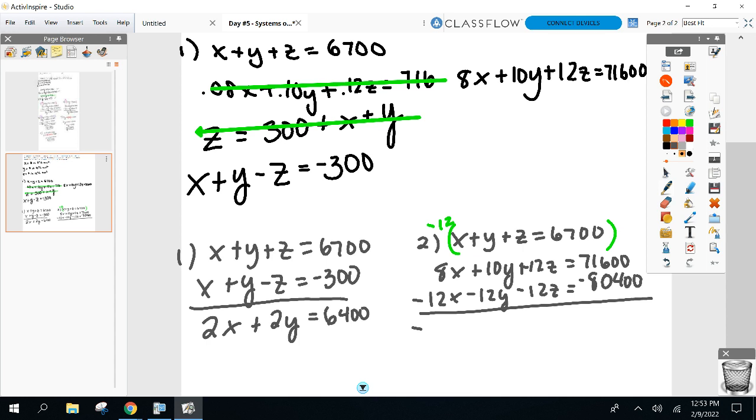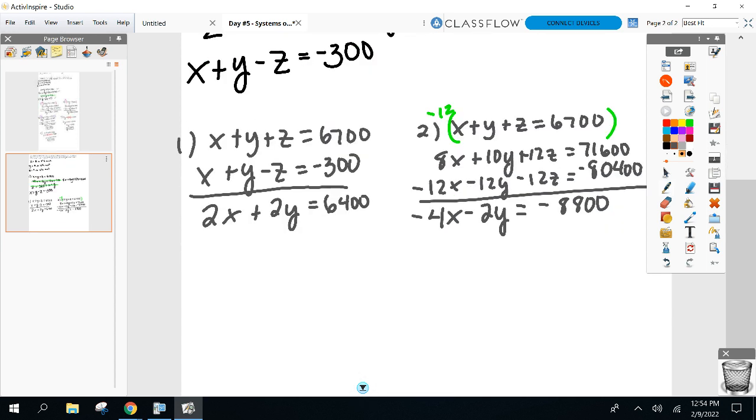Negative 4x minus, what do you got, 2y? And then a little help over here, negative something. Negative 8,800. Yeah, sorry, 8,800. I'm tired. Okay, guys, I'm sorry.